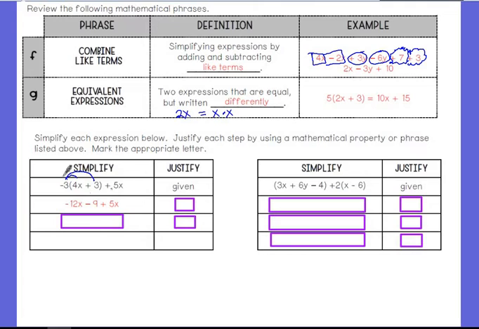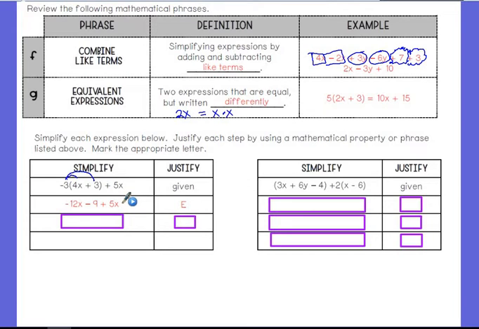So what did I do just now to get this new line? I used the distributive property, which is letter E above, so I'm going to write E. Okay. I now look at my problem and ask if it's simplified.